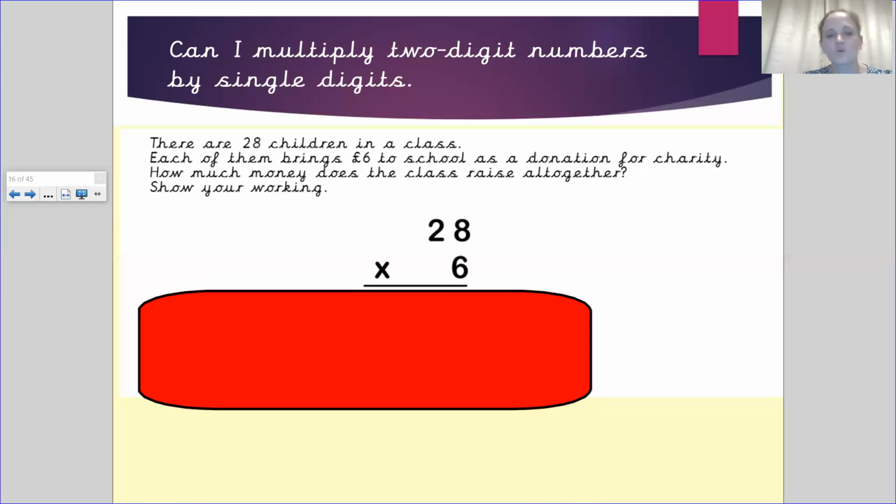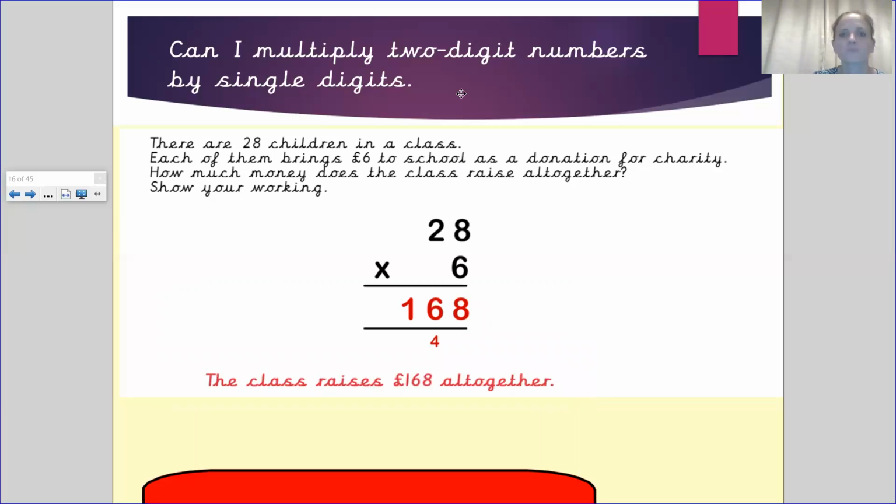Right, let's talk through the answer together. We have 28 times by 6. So what they've done is they've gone 8 times by 6, which is 48. So they've put the 8 in the ones column. They've put the 4, or the 40, into the tens column.